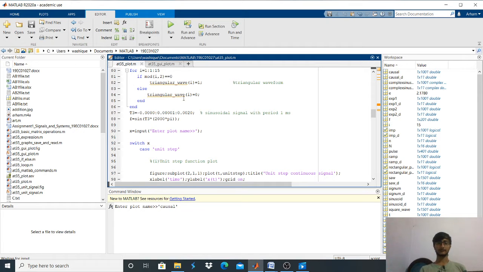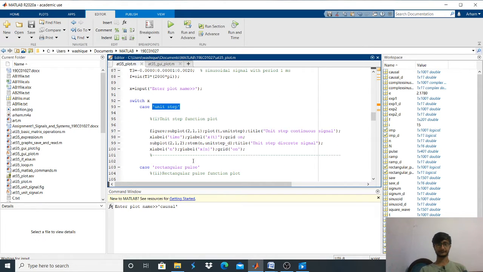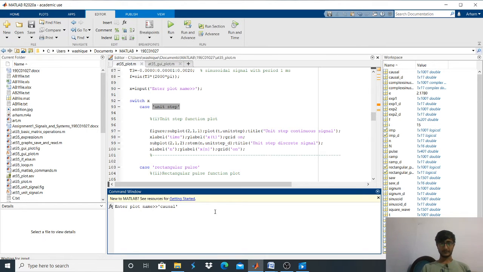Okay, let's run. First of all we will go for the unit step function. It is taking time to run. Let's see. Okay, first this will run. Okay, fine.